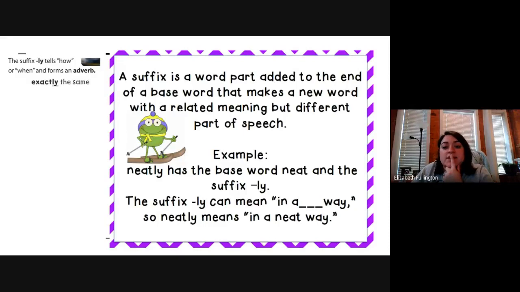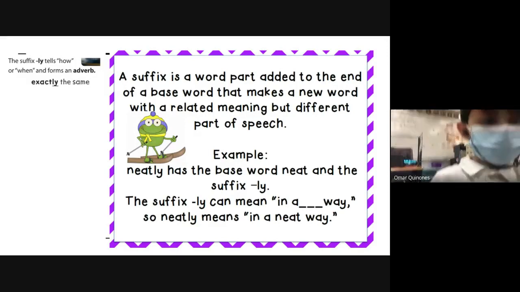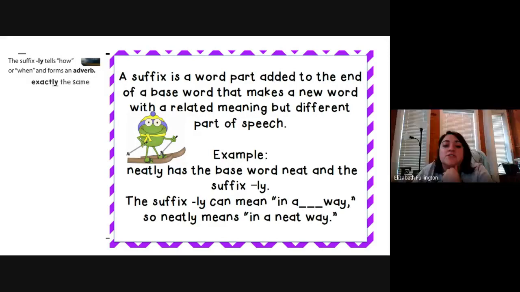Let's go ahead and do the wheel of names. Jocelyn, you are the winner for this one. So Jocelyn, if Mrs. Fullington places the book neatly on her desk, what does neatly mean in that sentence?